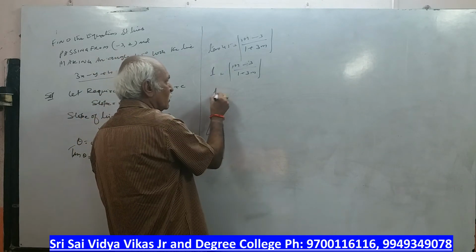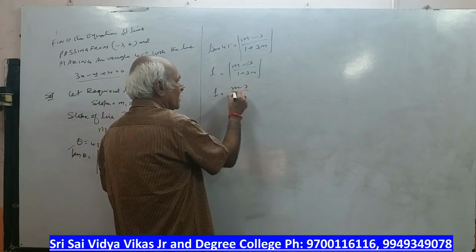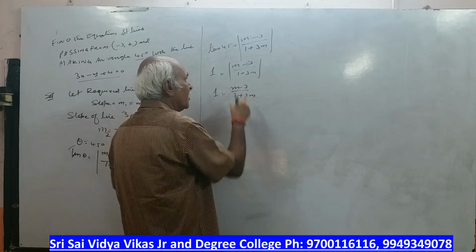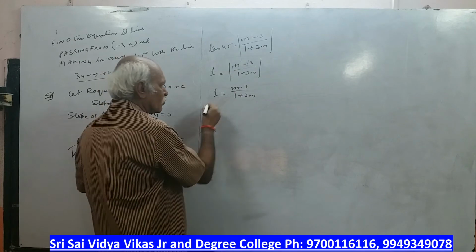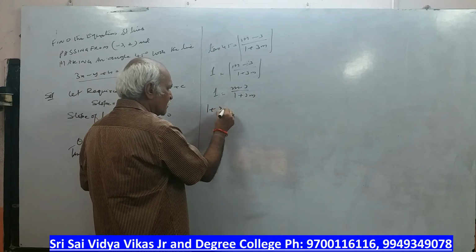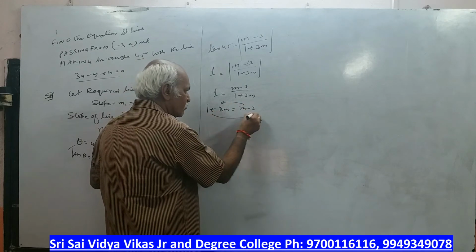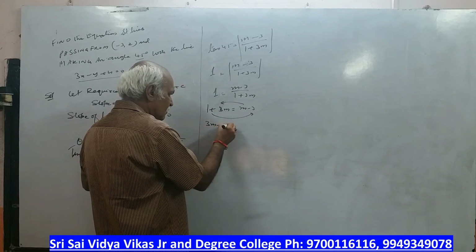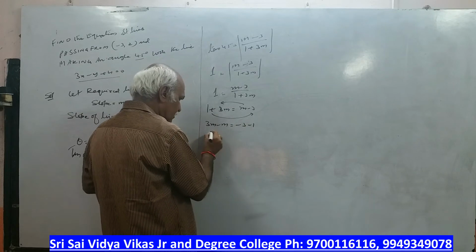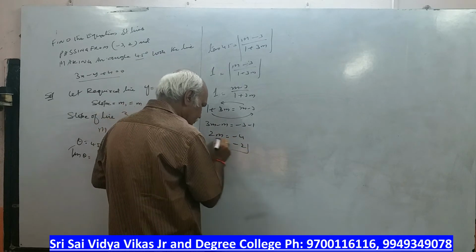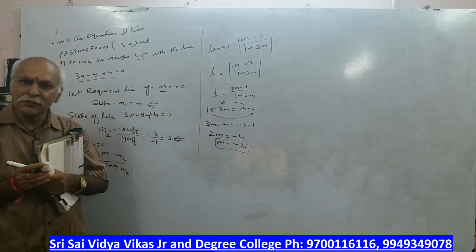So 1 is equal to m minus 3 by 1 plus 3m. Cross multiply: 1 plus 3m is equal to m minus 3. Bring m this side, 1 this side: 2m is equal to minus 3 minus 1, which is minus 4, so m is equal to minus 2. Okay, we got m is equal to minus 2.